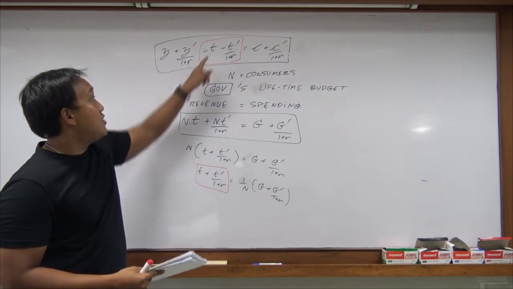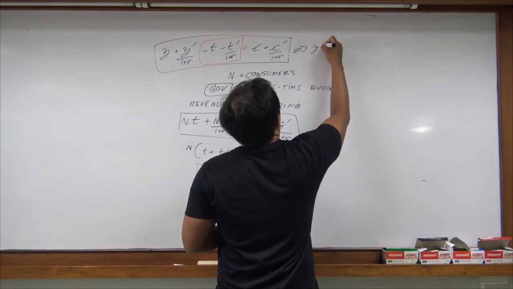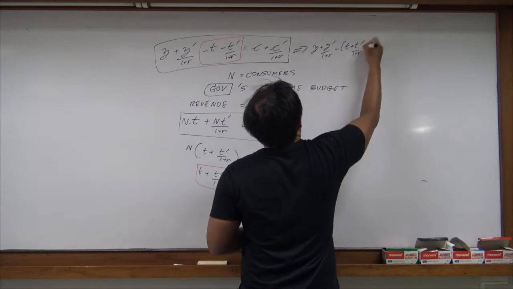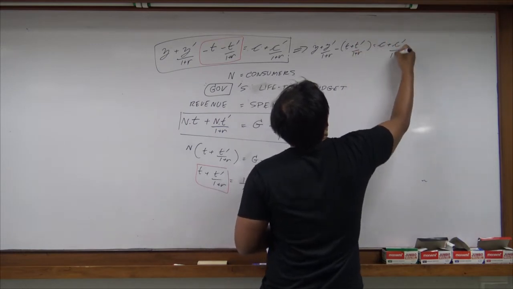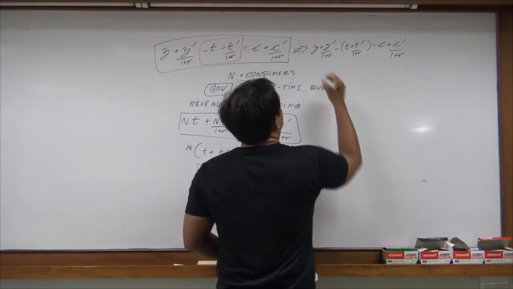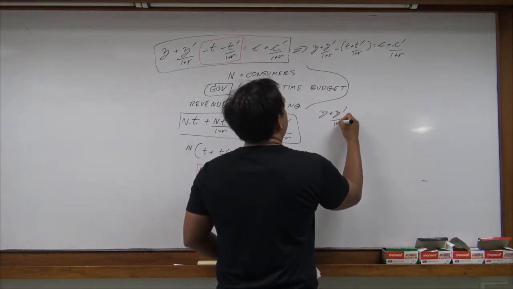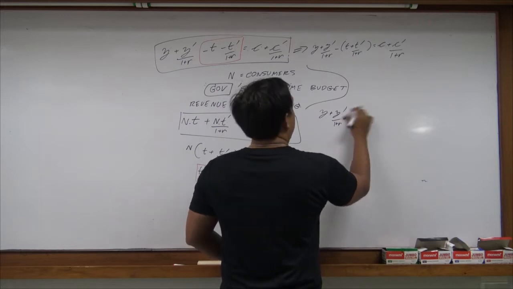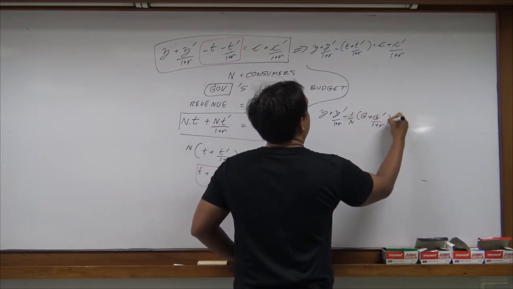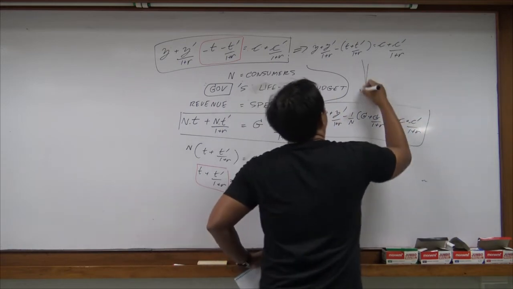What I have is Y plus Y prime over 1 plus R minus T plus T prime over 1 plus R equal to C plus C prime over 1 plus R. After I plug it in, I have Y plus Y prime over 1 plus R minus 1 over N times G plus G prime over 1 plus R equal to C plus C prime over 1 plus R. This is what I have.